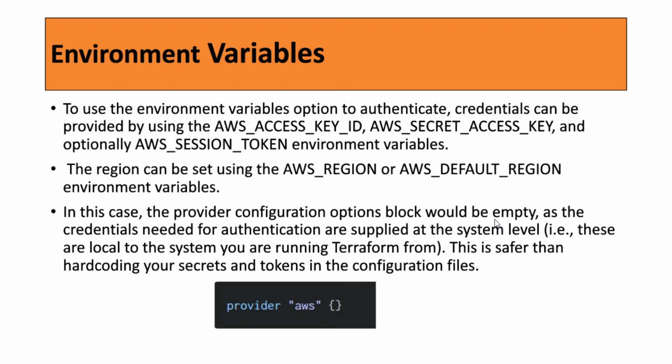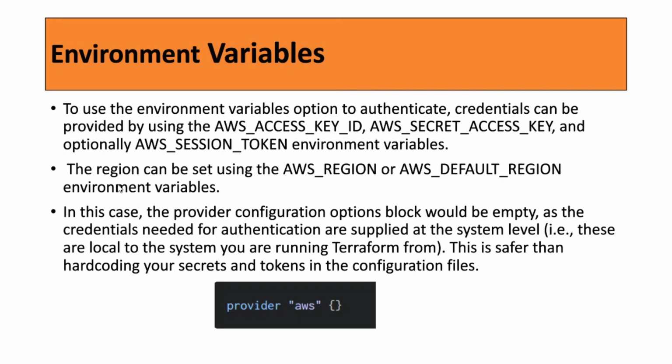Next we have environment variables. To use the environment variables option to authenticate, credentials can be provided using the AWS_ACCESS_KEY_ID, AWS_SECRET_ACCESS_KEY, and optionally the AWS_SESSION_TOKEN environment variable. This one is optional, and the region can be set using the AWS_REGION or AWS_DEFAULT_REGION environment variables.